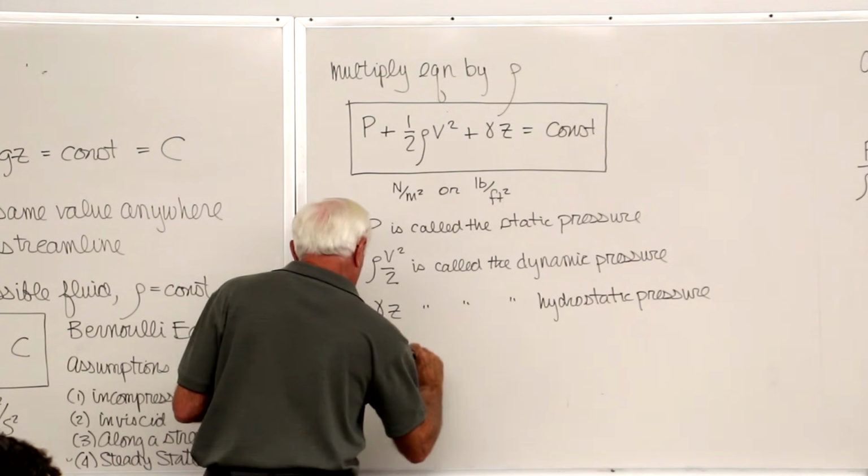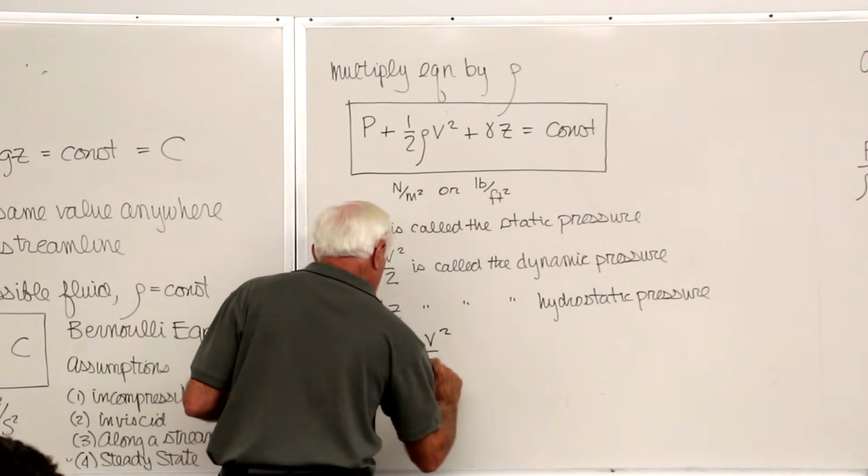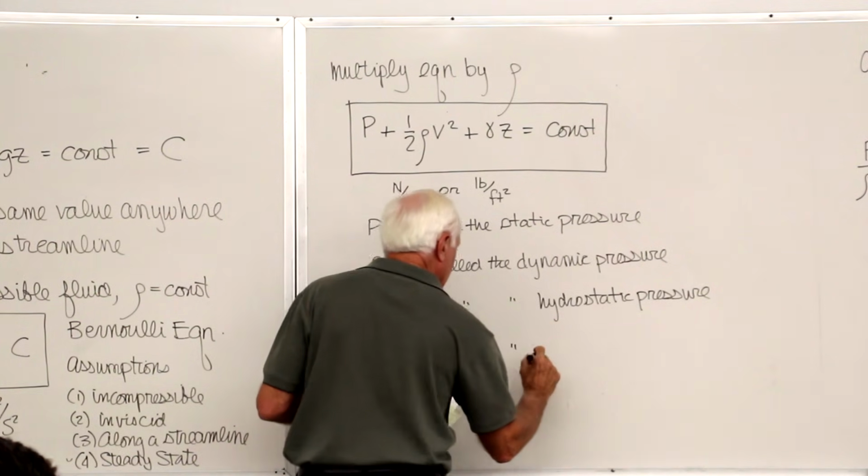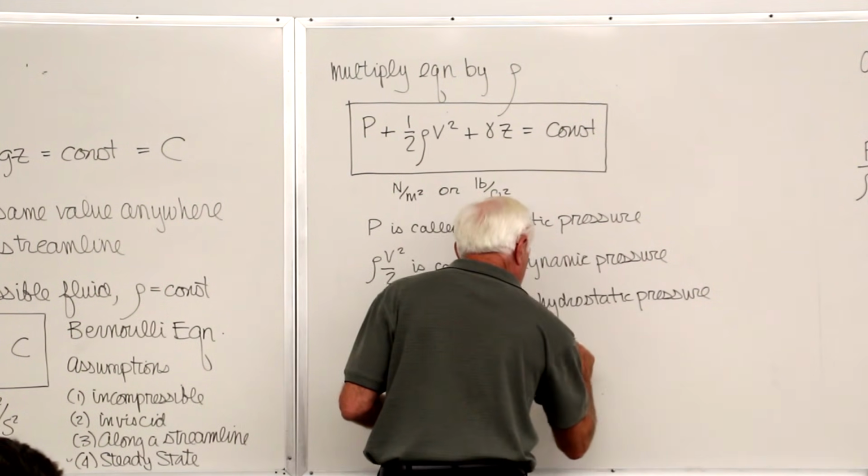P plus rho v squared over 2 is called the stagnation pressure.